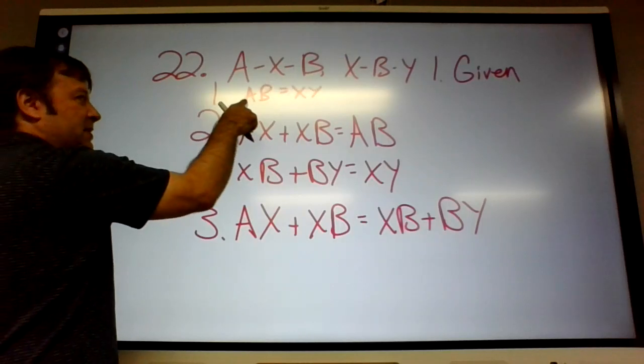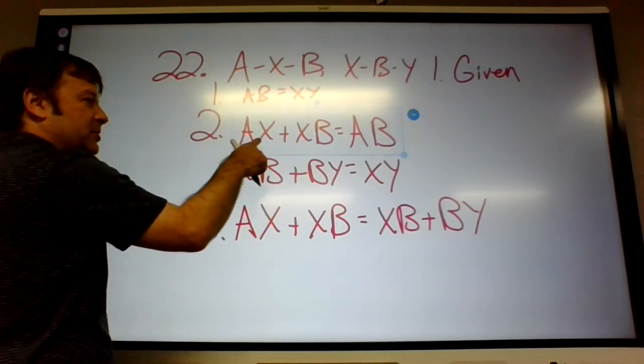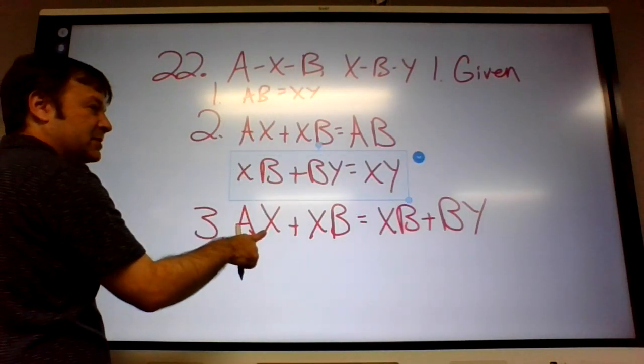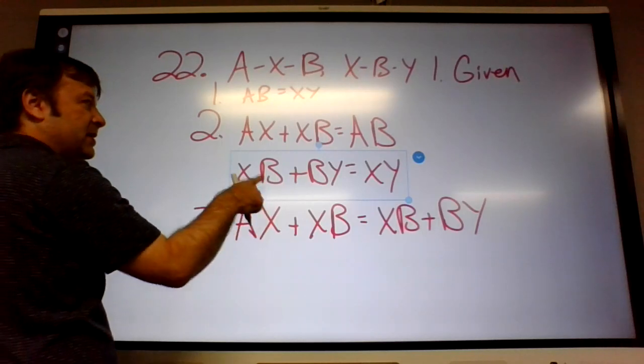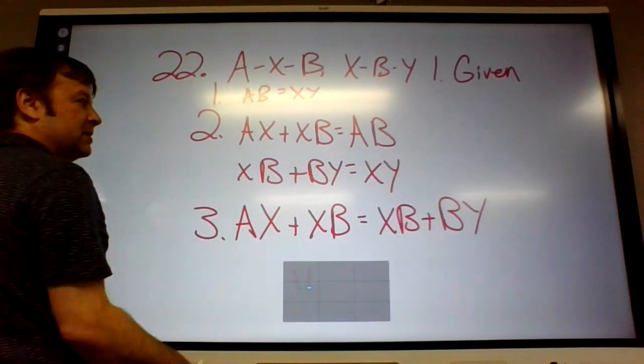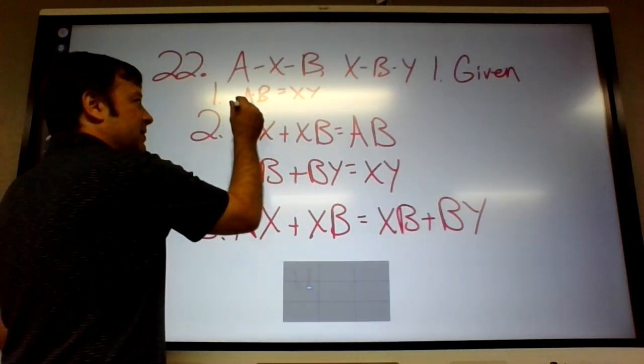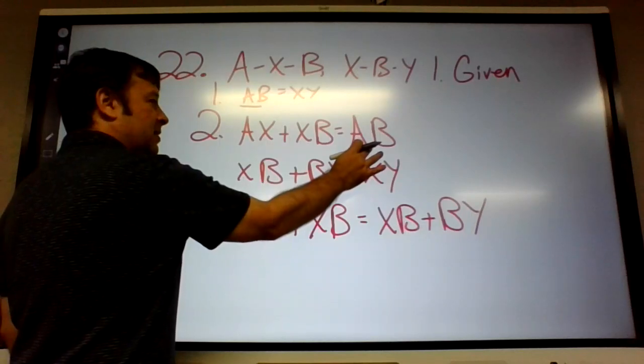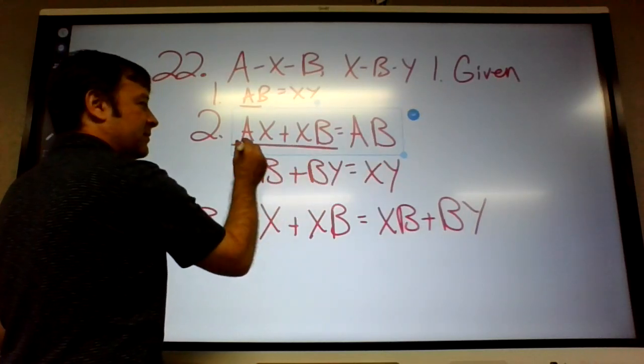So on line 1, they said this. Line 2, we said this. On line 3, they said this. How did they get from here to here? Okay. AB, on line 2, we said AB is all this stuff, right?